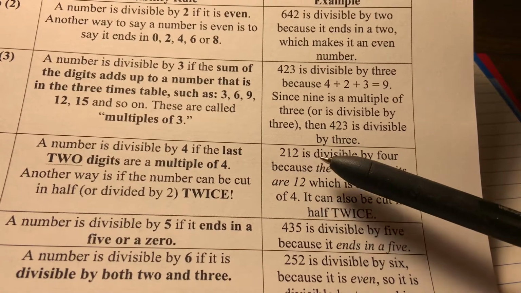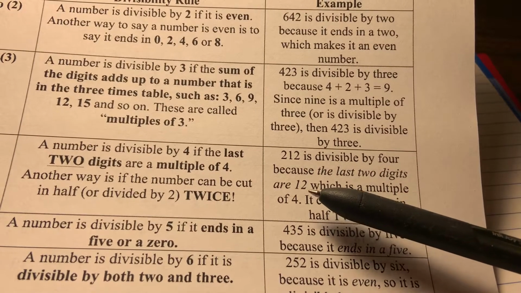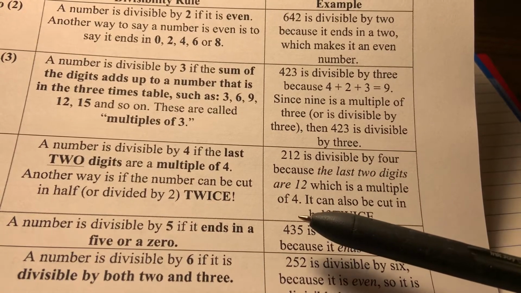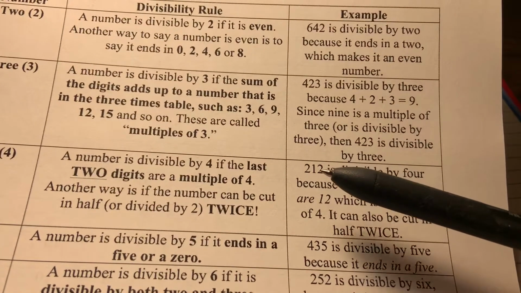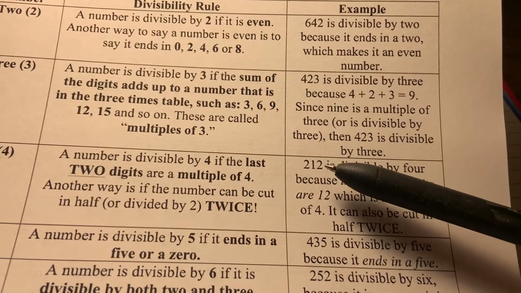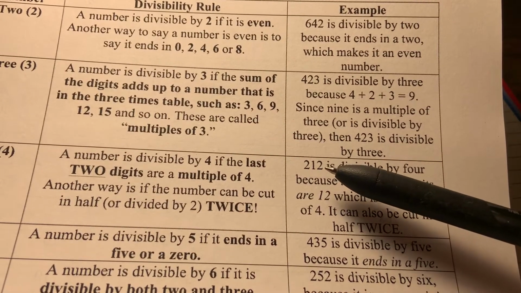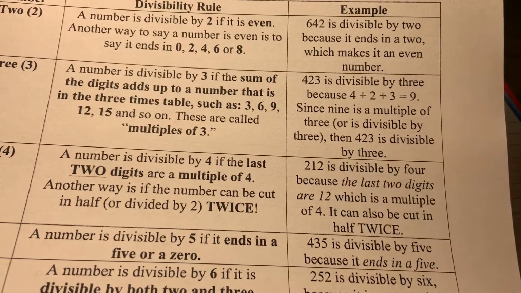212 is divisible by 4 because the last 2 digits are 12, which is a multiple of 4, okay? It can also be cut in half twice. So meaning we can cut 212 in half twice. If you cut 212 in half once, you get 106. Now, if you cut 106 in half, you get what?